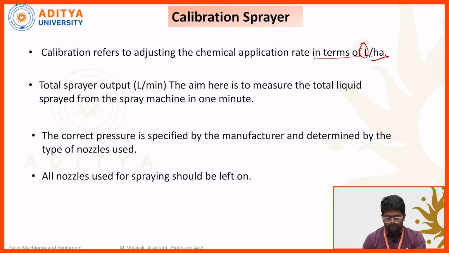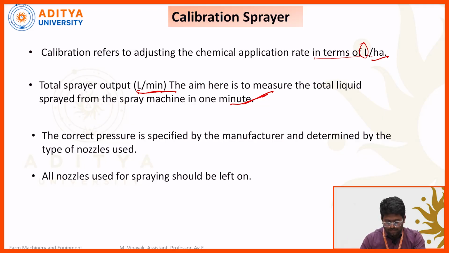The sprayer output is liters per minute. The aim here is to measure the total liquid sprayed from the machine in 1 minute. For 1 minute of time, how much liquid was delivered from the sprayer, that you need to measure. Based on that, we can calibrate the sprayer for whatever liquid is required for 1 hectare of land area. So based on the liters per minute, we can convert to liters per hectare.